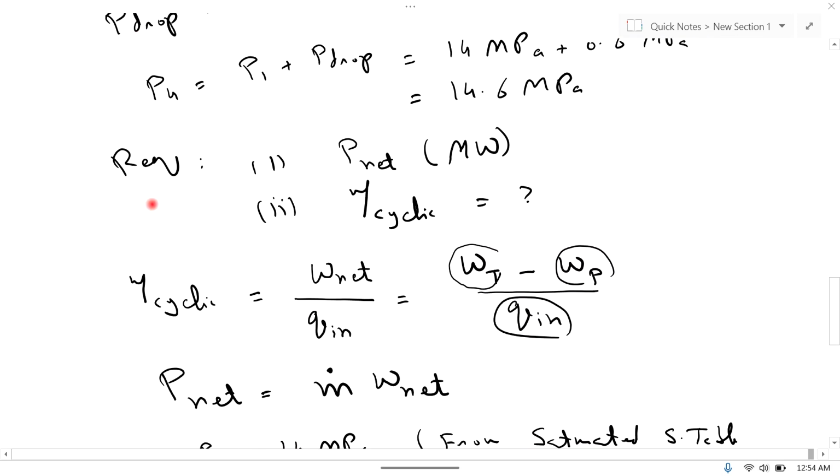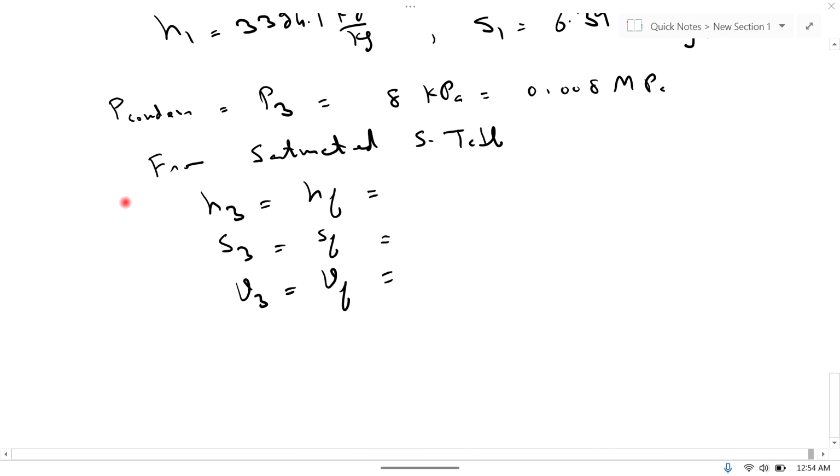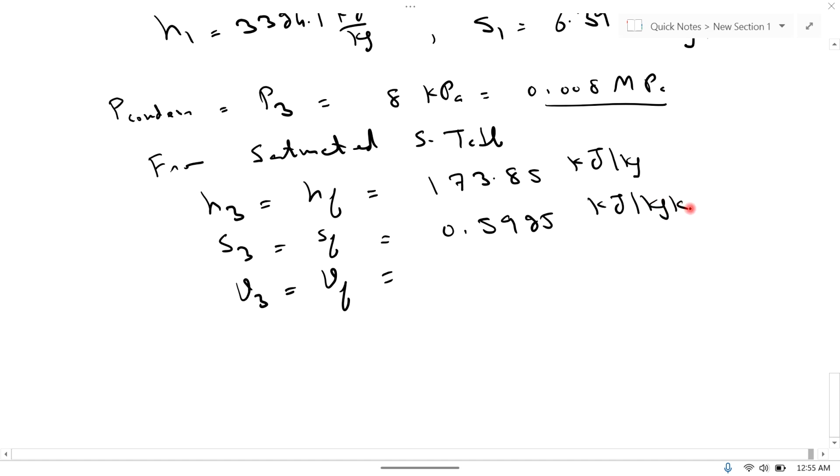So from the saturated steam table, at a pressure of 0.008 megapascal, H3 is equal to HF, which is 173.85 kilojoule per kg, S3 is equal to SF, which is 0.5925 kilojoule per kilogram per Kelvin, and V3 is equal to VF, which is 0.001085 meter cube per kg.